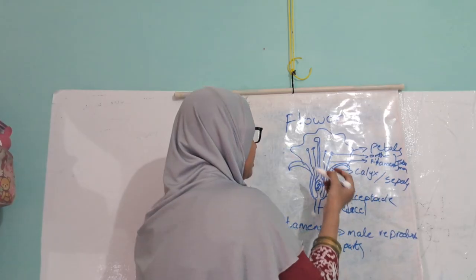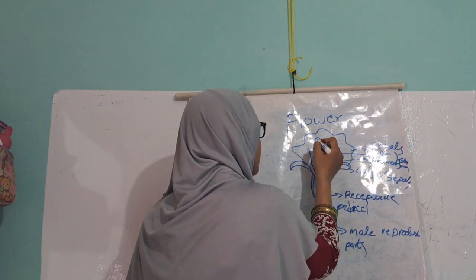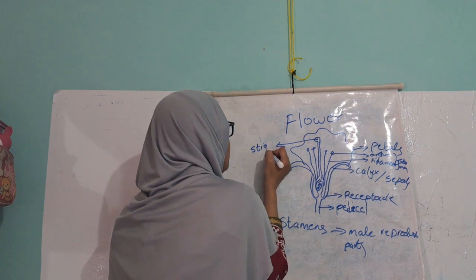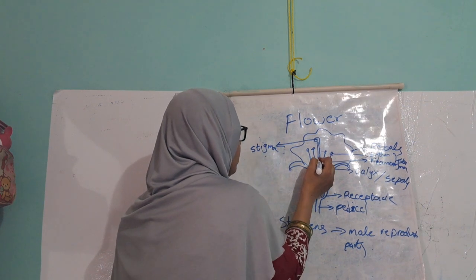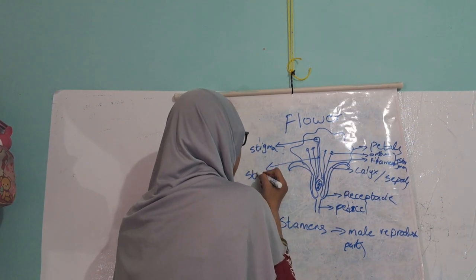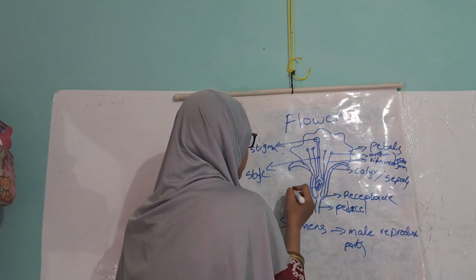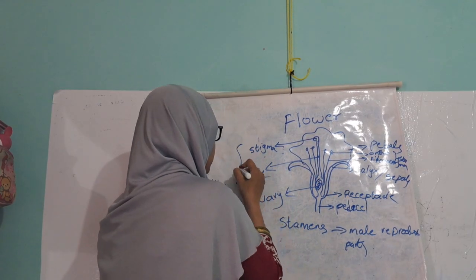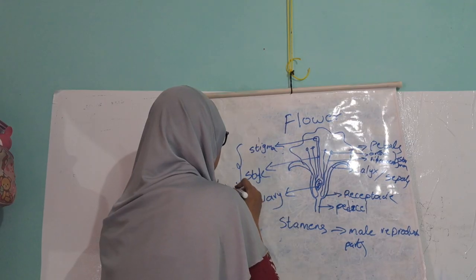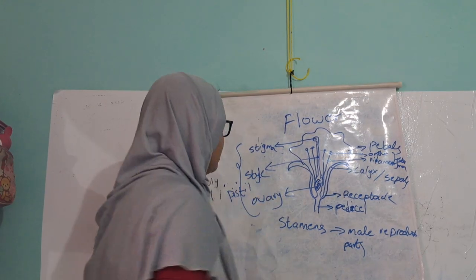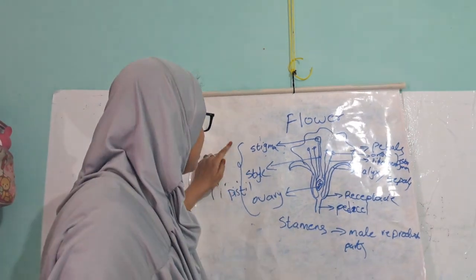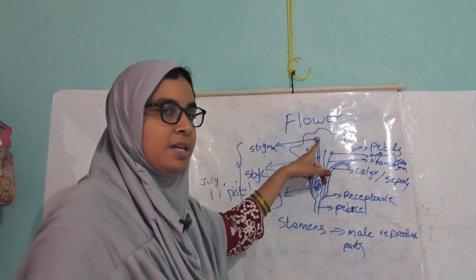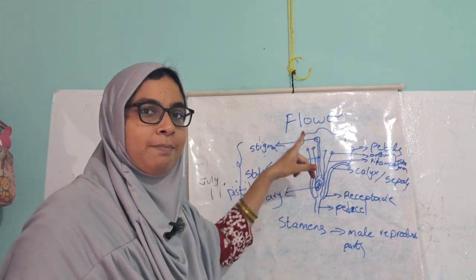The next part is the pistil. The pistil has three parts: stigma, style and ovary. The stigma receives the pollen.